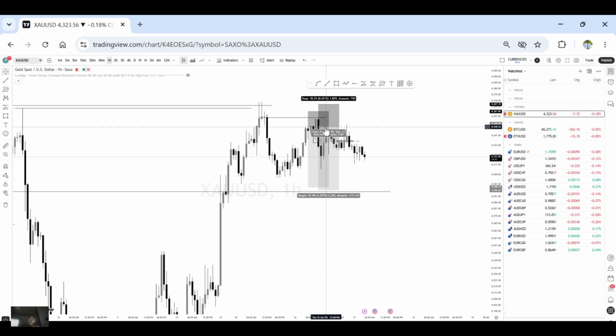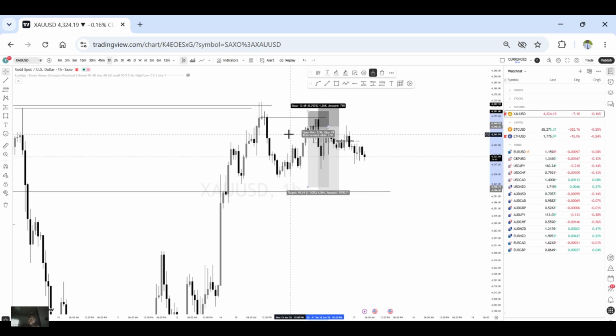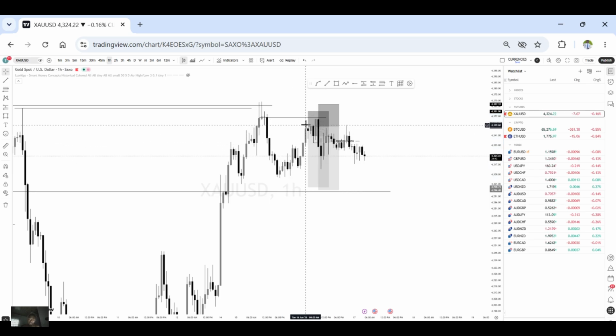But initially I took this one a bit earlier. You see, it's at a zone where price was still in the imbalance. That's for the first order. And the second order was okay as an entry, as the area where I entered from.